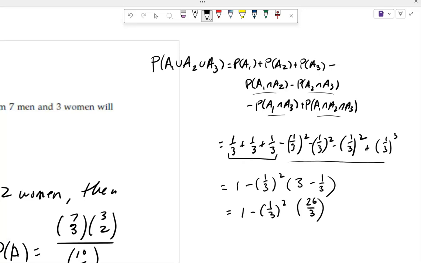And then if I actually multiply those two things together, I get 26/3 cubed. This is a lot more work than anybody should ever put into this, by the way. Yeah, it's making a mess more than anything.